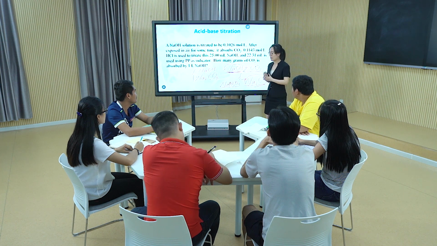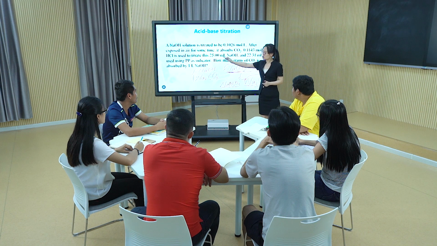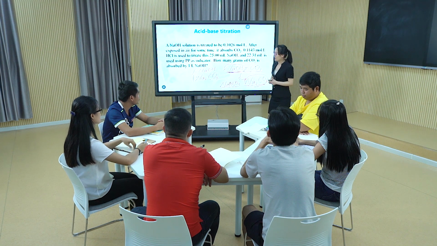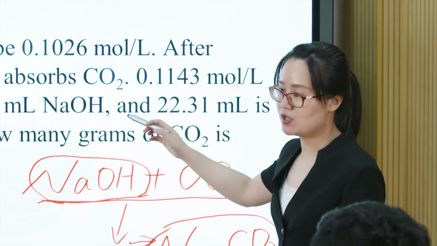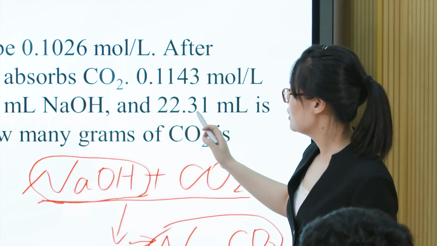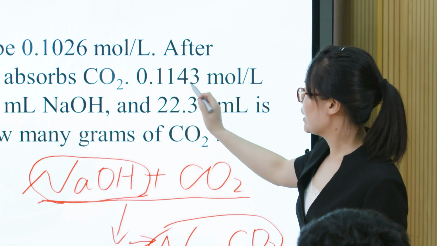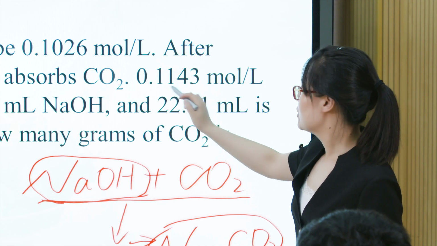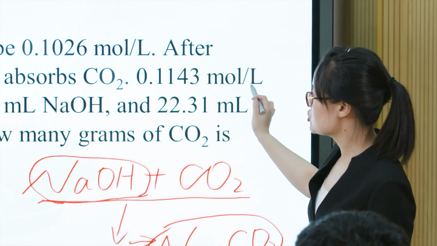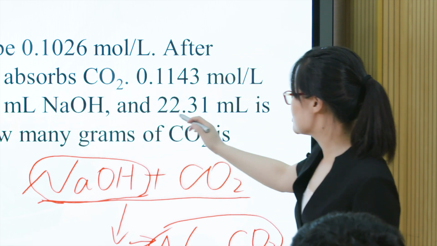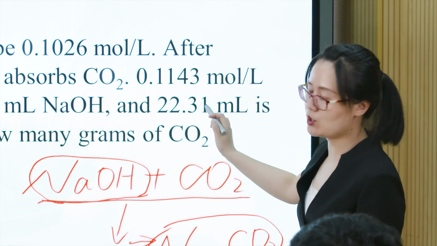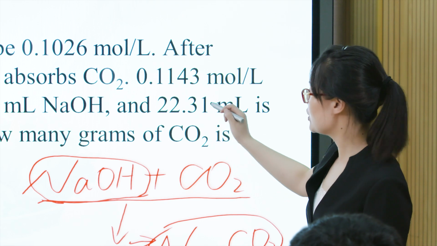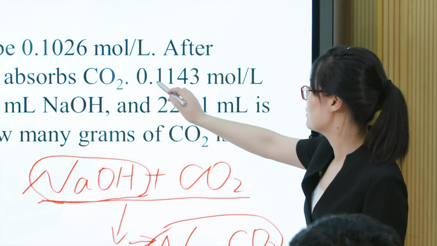Acid and base reaction, 1:1 should be the ratio of HCl to NaOH. And is it 1:1 in this question? No. We can do a little calculation using the concentration of HCl and the volume it used.